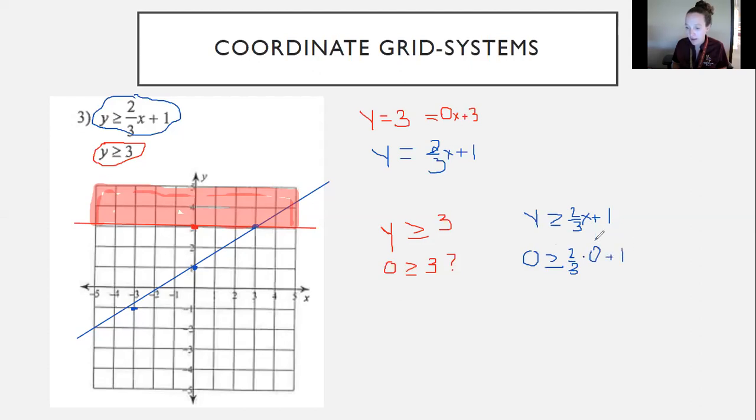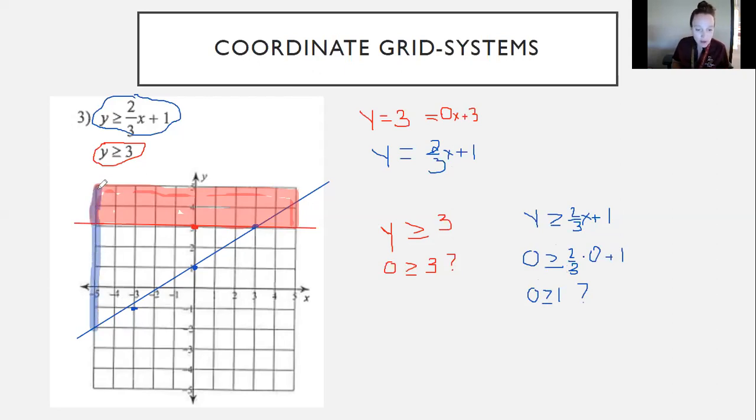Well, this guy just goes away because 0 times anything is 0, and 0 plus 1, so you get this. 0 is greater than or equal to 1. Again, question mark. Is that true? Well, no, it is not. 0 is not greater than 1, so I have to shade away.